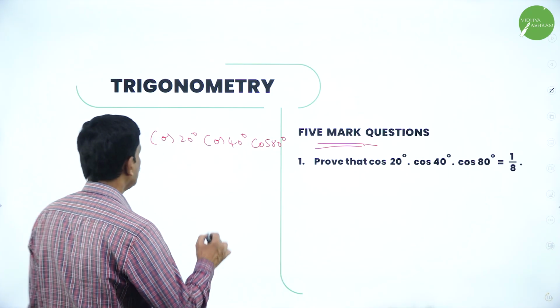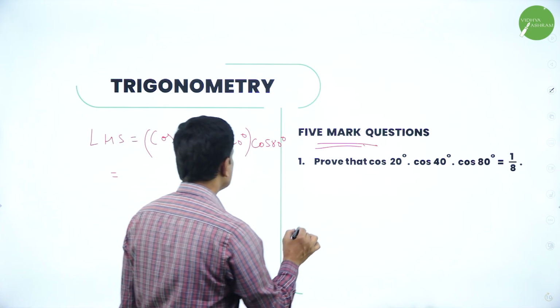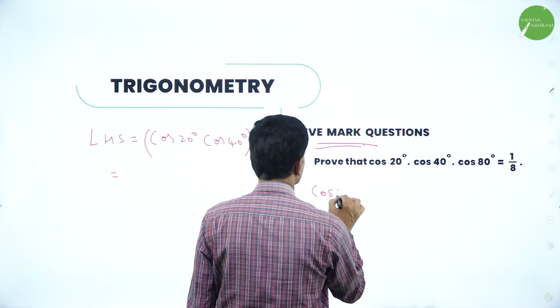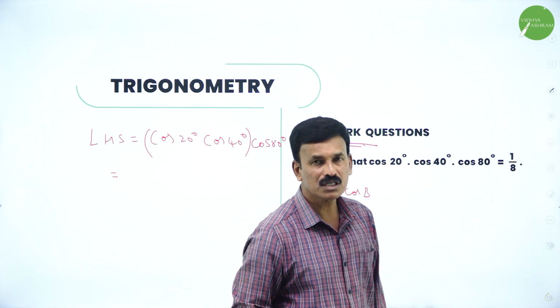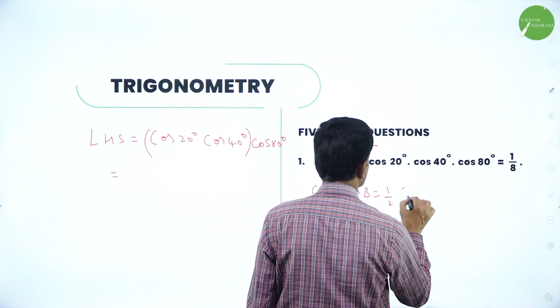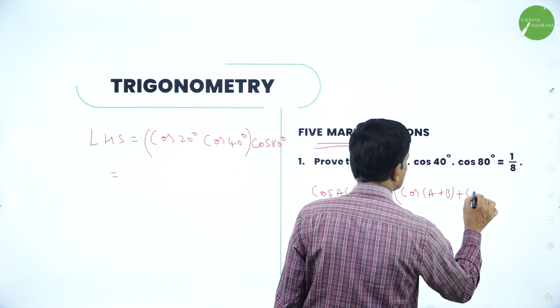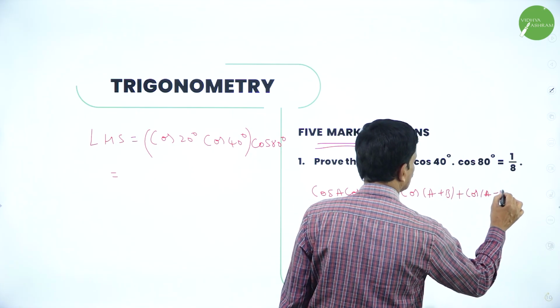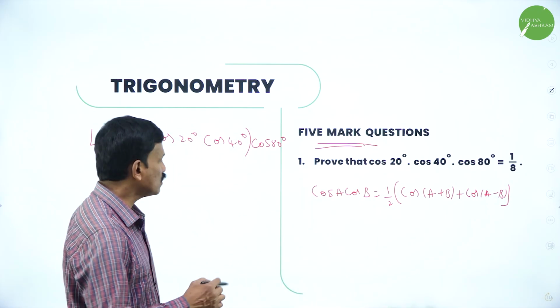Now let us make this into one group. This is of the form cos A cos B. Just make use of the cos A cos B transformation formula. So this is equal to half of cos (A plus B) plus cos (A minus B). Right, cos A cos B is half of cos (A plus B) plus cos (A minus B).